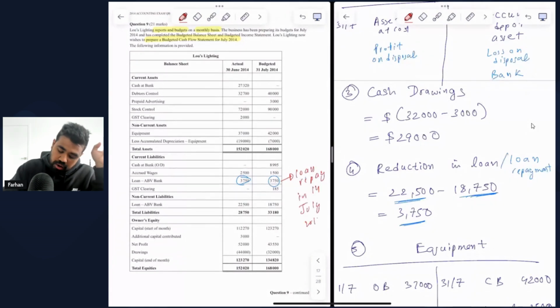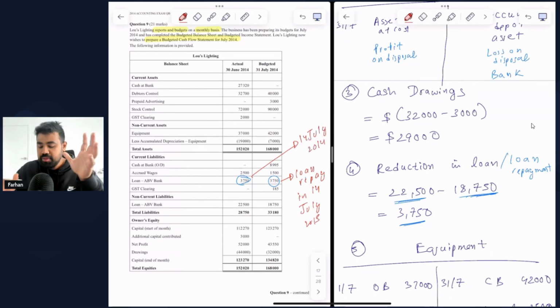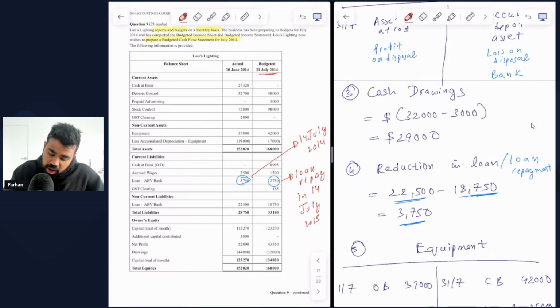So this one referred to 14 July 2014, which is what we already have repaid, and therefore needs to be shown in the cash flow statement. But the other one of 3750 at 31 July 2014 refers to the current liability within the next 12 months in 14 July 2015. All right?